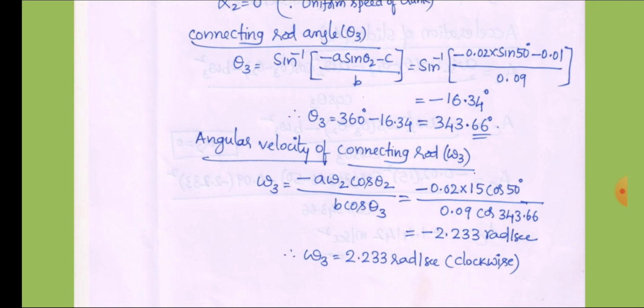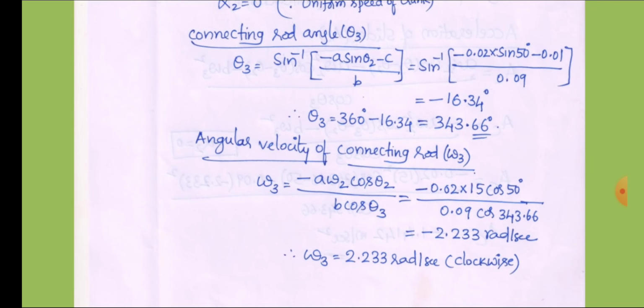So therefore omega 3 is equal to minus a omega 2 cos theta 2 by b cos theta 3. Here a is known, which is 0.02, omega 2 is given as 15 radians per second, and cos theta 2 is cos 50, whole divided by b, which is 0.09, into cos of theta 3, which we just calculated, it is 343.66.